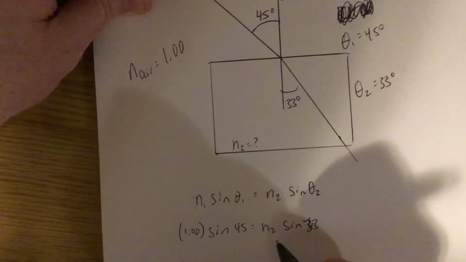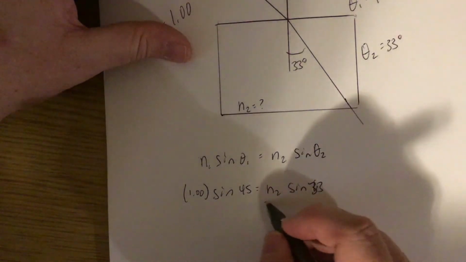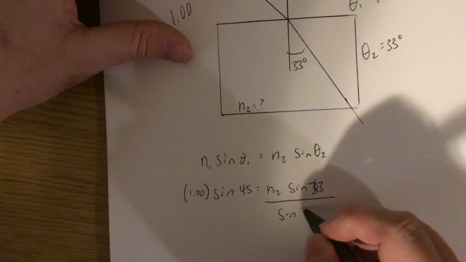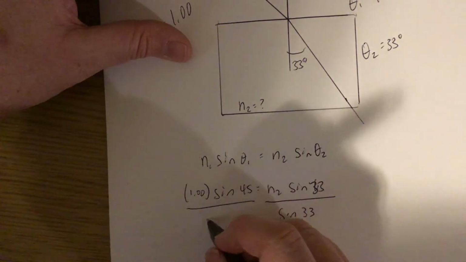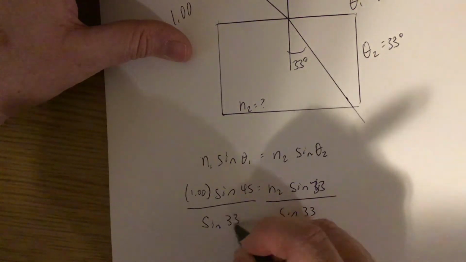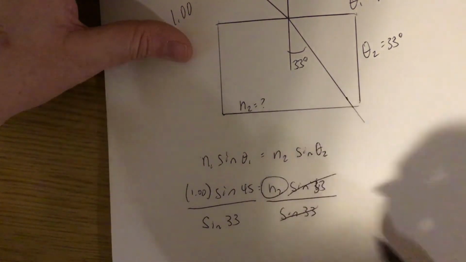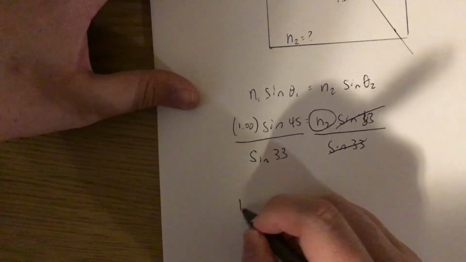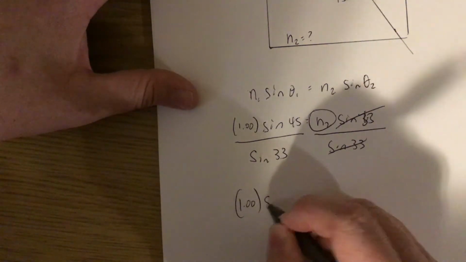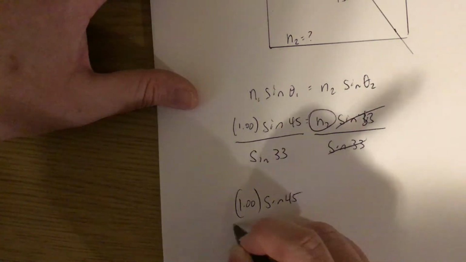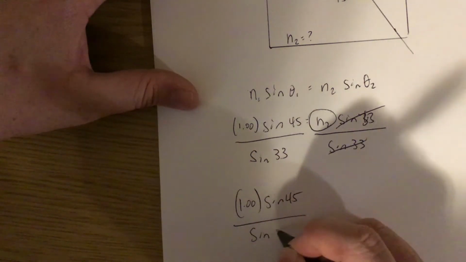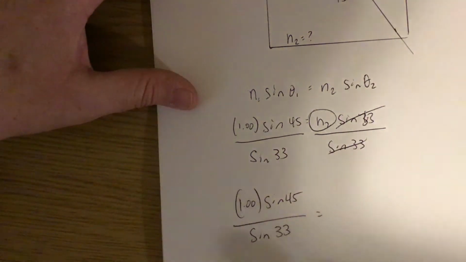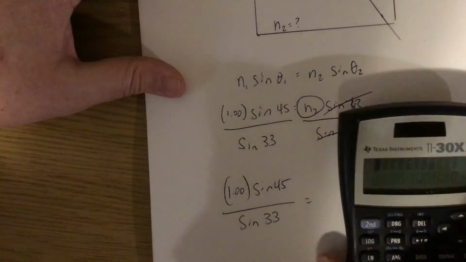And to solve for the n2 then, we'll divide both sides by the sine of 33. And I'll show you in a moment how to stick that in your calculator. So we're left with n2 here. So the way that that'll be set up is we'll say 1.00 sine of 45 divided by the sine of 33, and that will give us a number. It will be the n for n2.